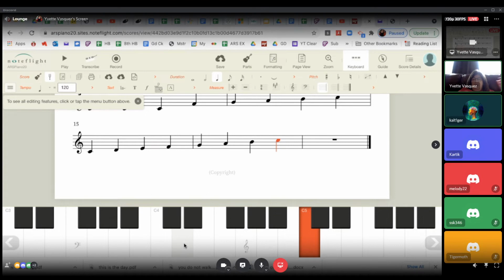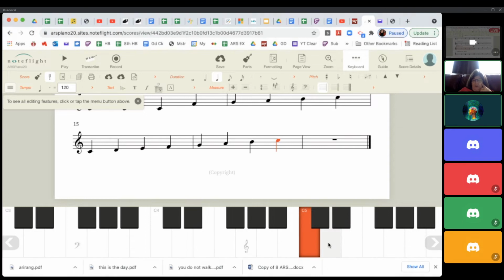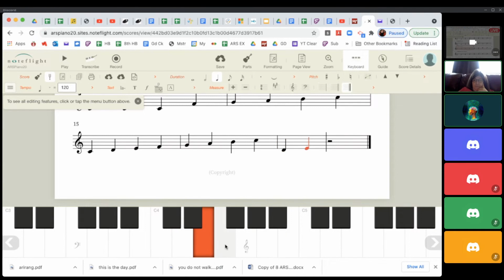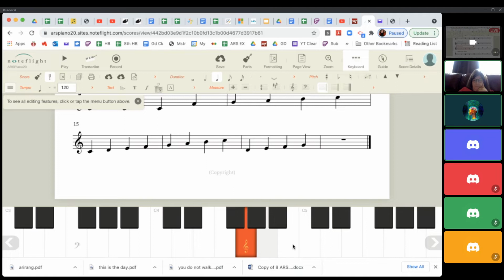If I start on D and I play all white notes, that will be a Dorian mode.